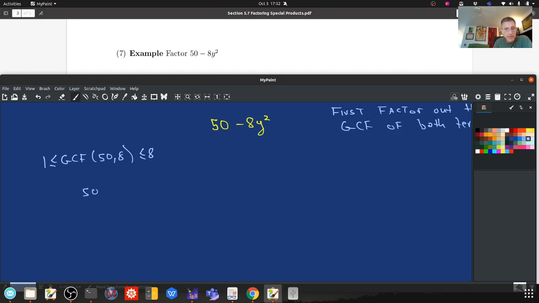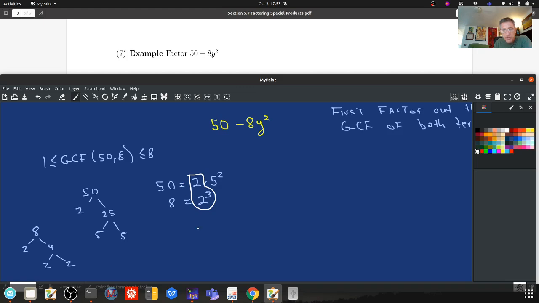So 50 is equal to 2 times 25, which is 5 times 5. So 50 is equal to 2 times 5 squared, and 8 is equal to 2 times 4 times 2 times 2. So 8 is equal to 2 cubed. So notice the only common factor they share at all are the 2's.